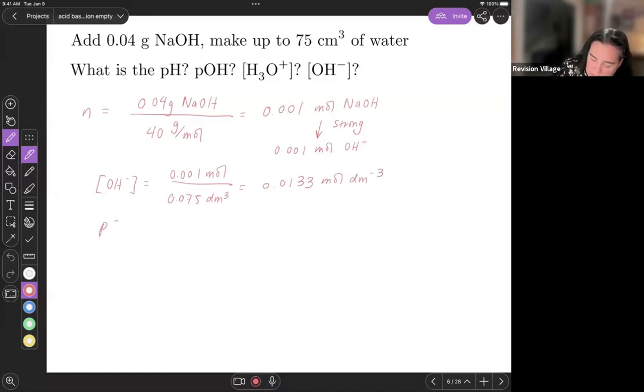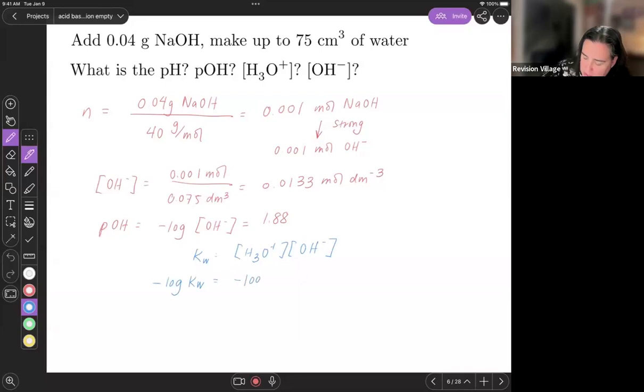The pOH is minus the log of the concentration of hydroxide. So I plop that in my calculator and I get 1.88. Now you saw a second ago that Kw was equal to the concentration of hydronium times the concentration of hydroxide. If I wanted to use some math skills, I could take minus the log of both sides, and that means minus the log of the Kw would be equal to minus the log of this product.